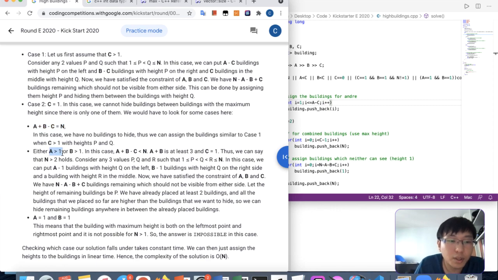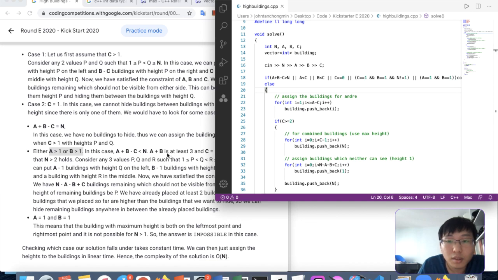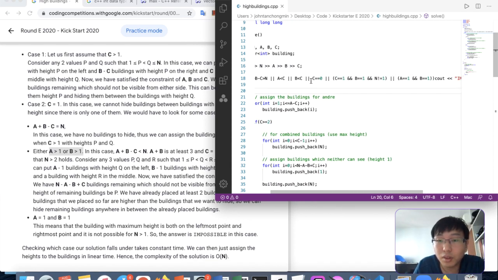Either A greater than 1 or B greater than 1 in this case. Oh, actually A and B cannot be 0, right? So I might have missed out the case where A and B cannot be equal to 0. It's not possible for you to have 0.